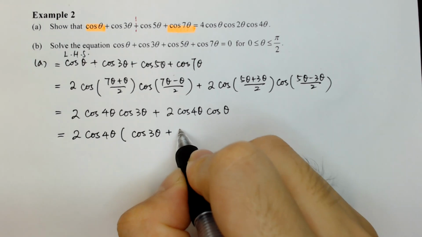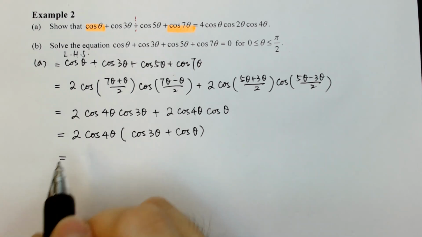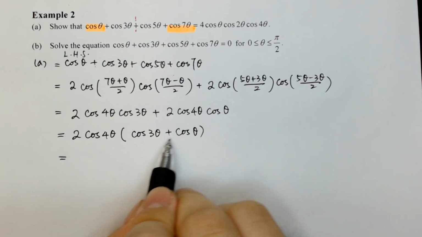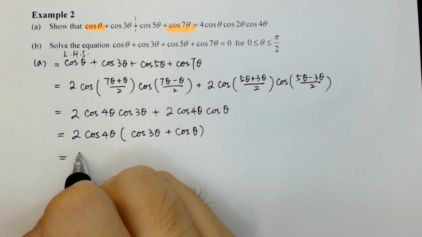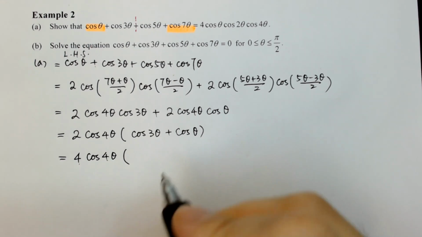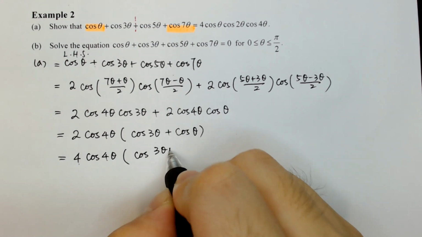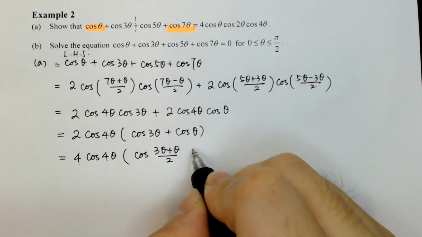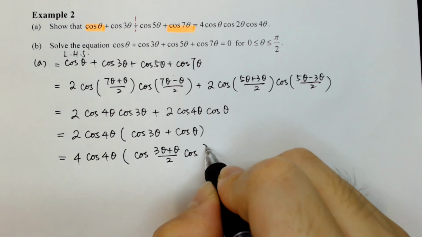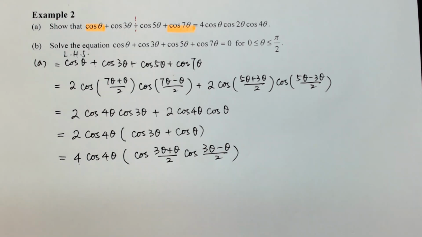we have another sum of 2 cosines. And to add this, we have 2, so altogether is 4, cosine 4 theta first, and we have cosine of 3 theta plus theta/2, cosine of 3 theta minus theta/2.